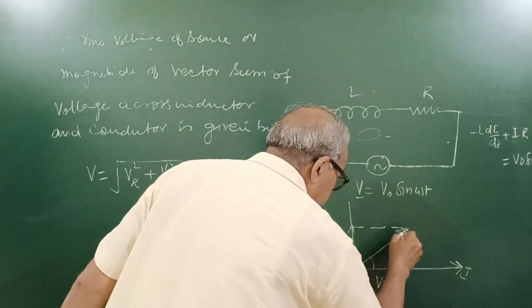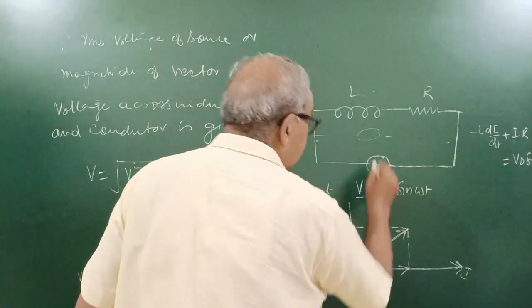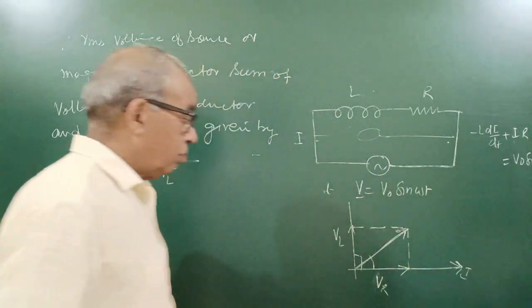This is that vector sum voltage which the voltmeter will read.